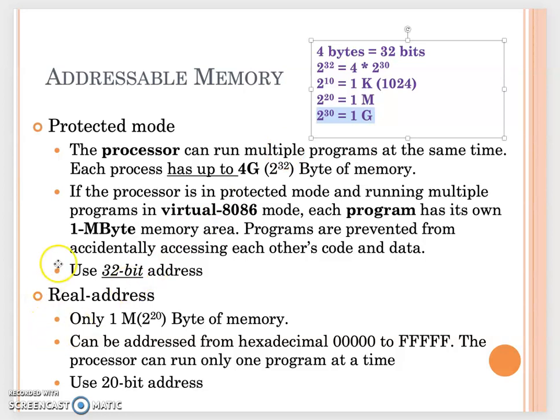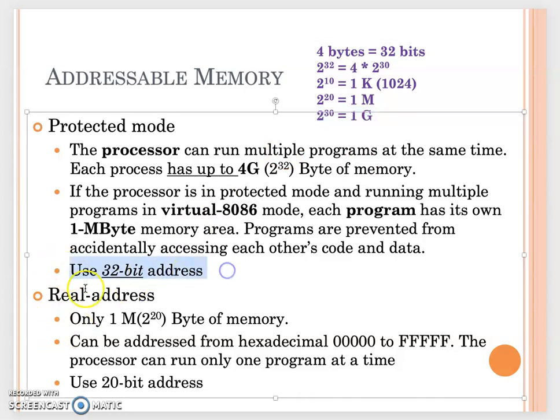That's what we say about the protected mode: it uses a 32-bit address. So the regular protected mode has up to 4 GB of memory. We also told you about the virtual 8086 mode. In the virtual 8086 mode, the program can only have a 1 MB memory area.